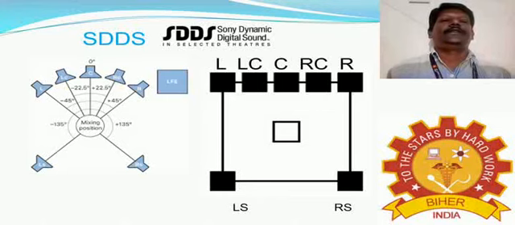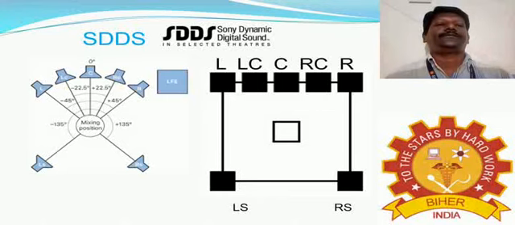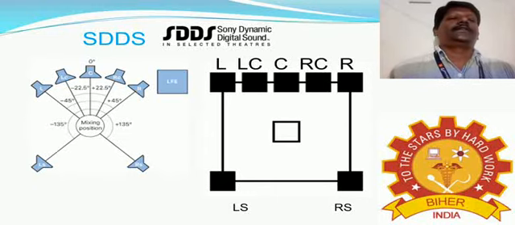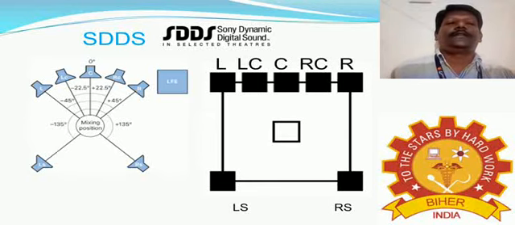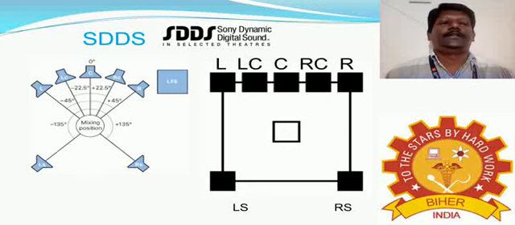Then SDDS, Sony Dynamic Digital Sound. In this format, there are 6 speakers behind the screen: left, left center, center, right center and right, and also a subwoofer.